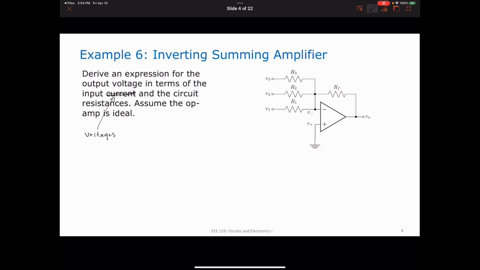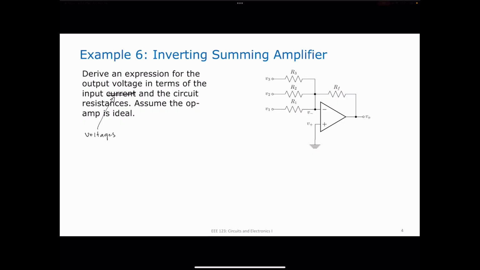Okay, so what we do is, let's apply Kirchhoff's current law. Where will we apply Kirchhoff's current law? We will apply it to this particular node. The voltage at this node is V minus.